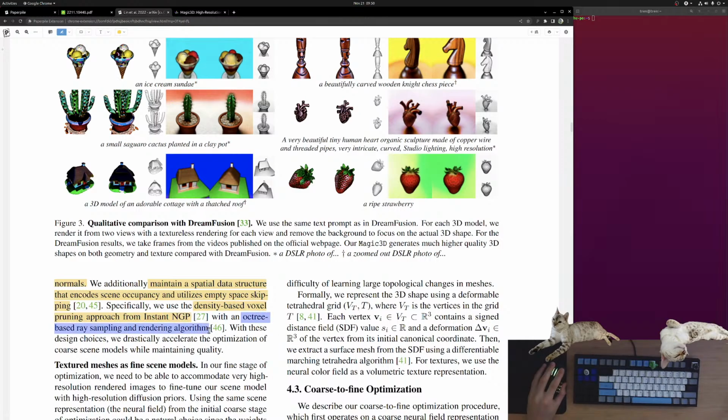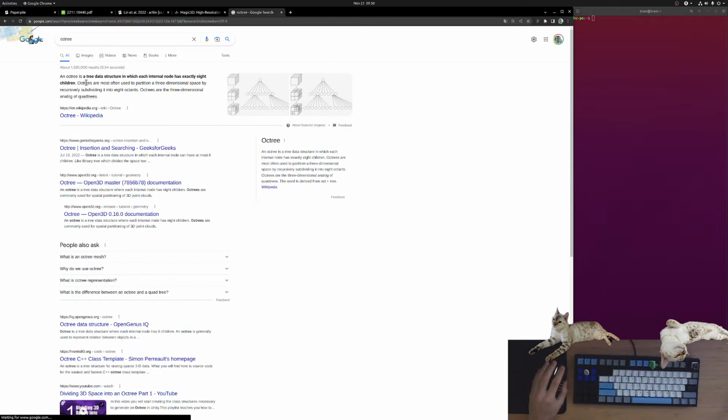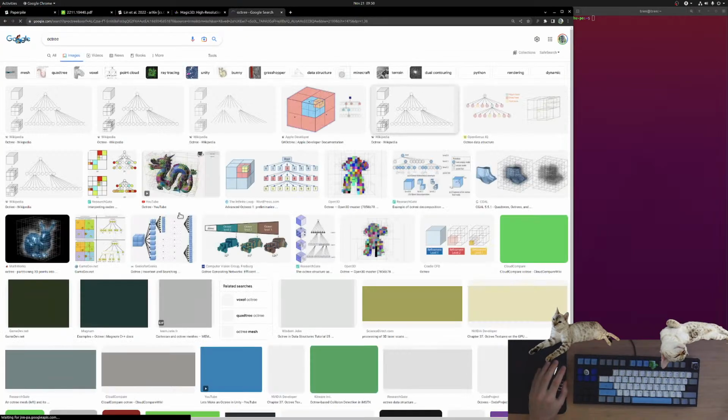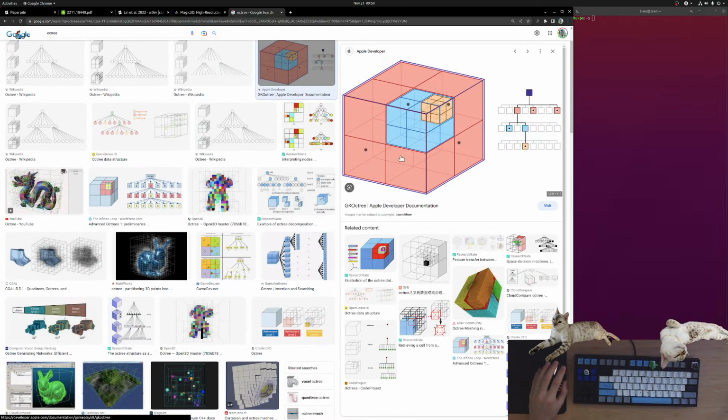So octrees are a way of breaking up a 3D space into increasingly smaller resolution voxels, which you could think of as little squares. Let's get a good picture of an octree. So you have a 3D space, this cube, and you break it up into 8 smaller squares, and then you can break up each of those into 8 smaller squares.